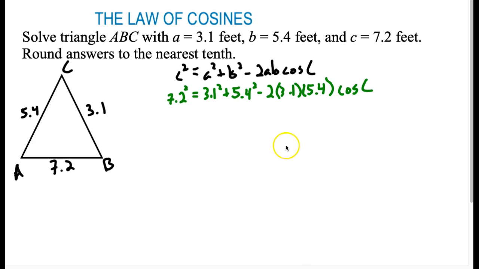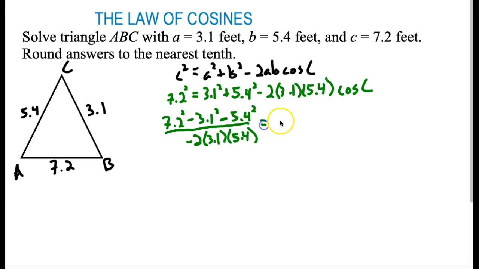So now we just want to solve for the cosine of c. So subtract these over. 7.2 squared minus 3.1 squared, oops, it should be minus 5.4 squared if I'm subtracting it over. And then I'm going to do all of this in one step. I'm going to go ahead and divide by this as well then. So divided by negative 2 times 3.1 times 5.4 equals the cosine of c.